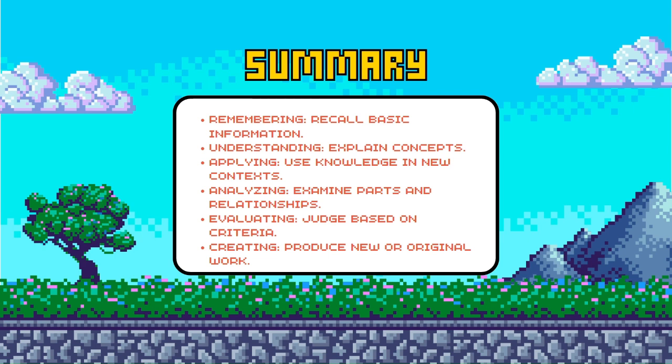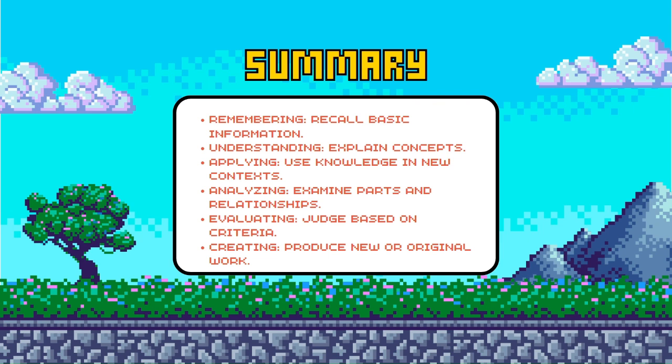Remembering is the foundation where knowledge is acquired and retrieved. It's like recalling basic information. Understanding is like explaining concepts. It moves beyond basic recalling to comprehend the information. Next, applying is using knowledge in new contexts.